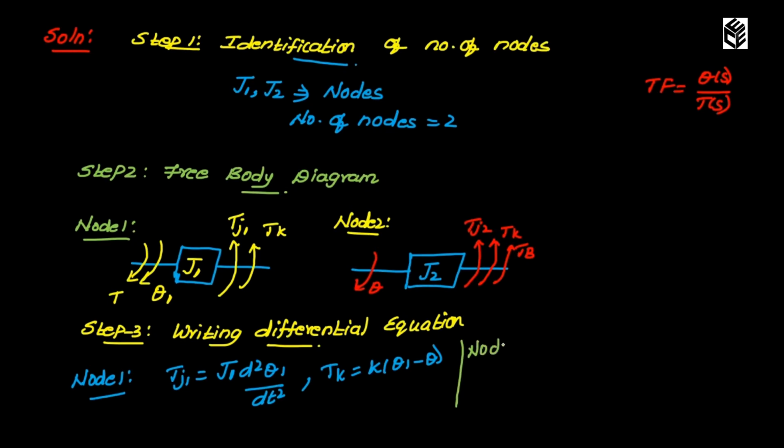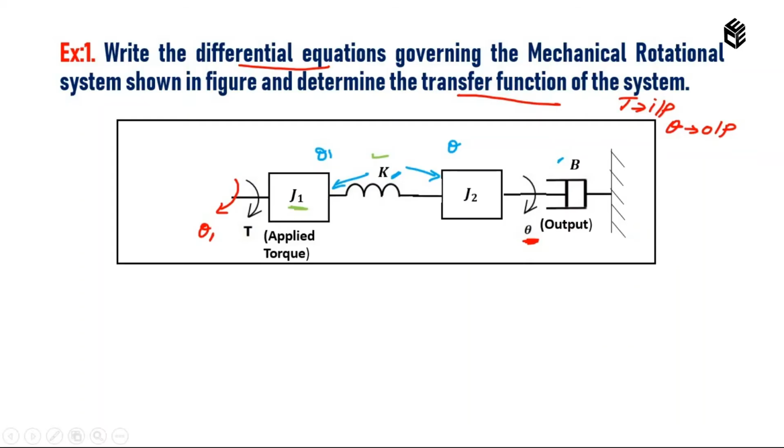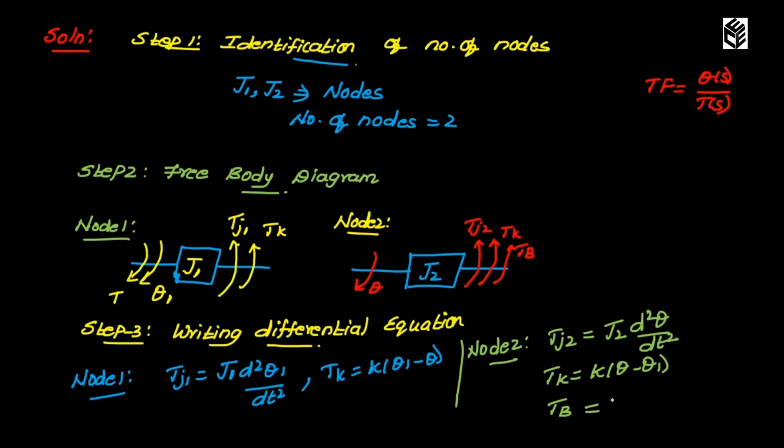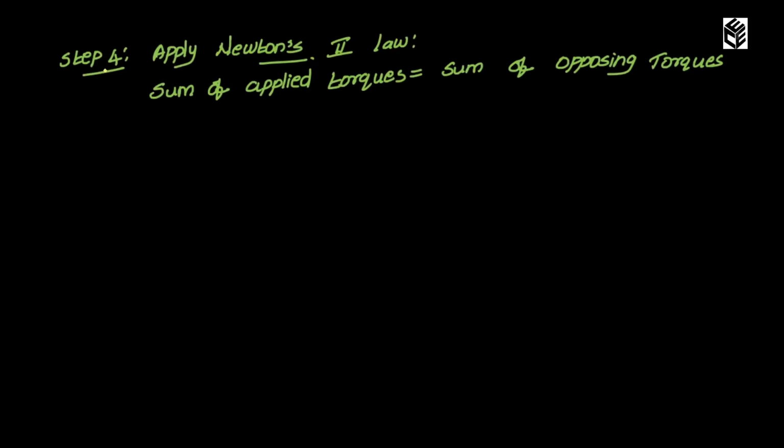Now, let me write for the second node. Therefore, Tj2 is equal to J2 into d square theta divided by dt square, and Tk is equal to K into theta minus theta 1, and Tb is equal to, B is applied to node 2 alone. Therefore, Tb is equal to B into d theta divided by dt. This is our fourth step.